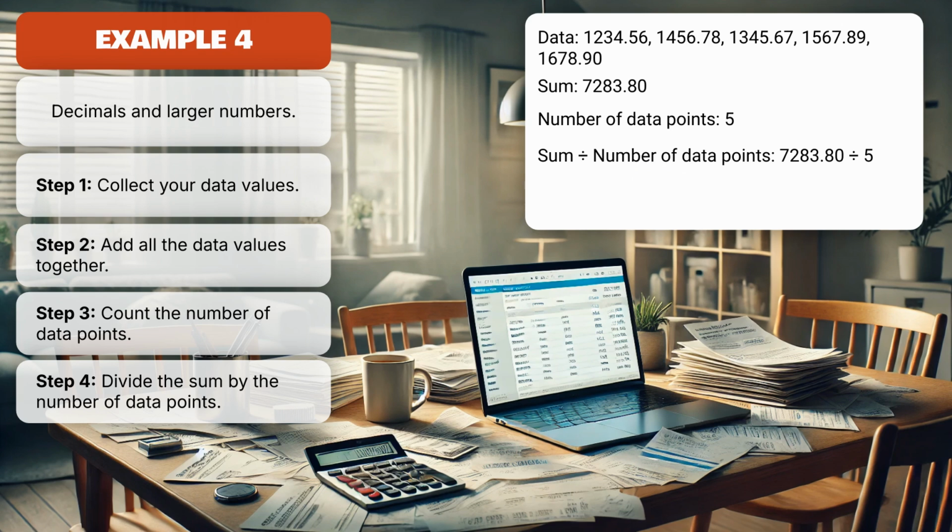Hence, the mean is equal to 7,283.80 divided by 5. This is 1,456.76. So, the mean monthly expense is £1,456.76.